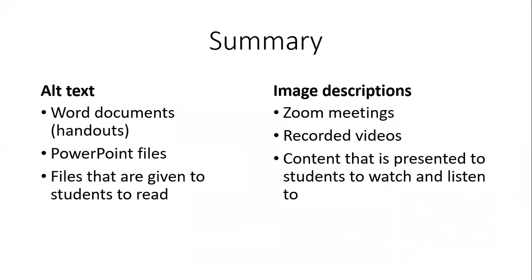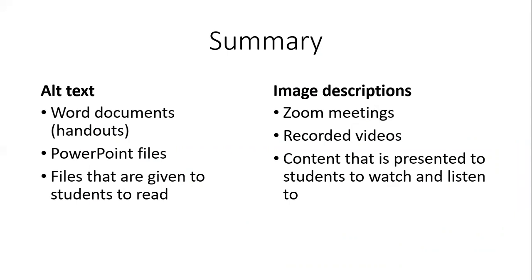Remember, for mini modules, add alt text to Word documents and PowerPoint files by using the alt text feature in Word or PowerPoint. Alt text is for files that are given to students to read by themselves. Add image descriptions to the scripts and then to the chat of live Zoom meetings or the narration of these meetings or recorded videos.